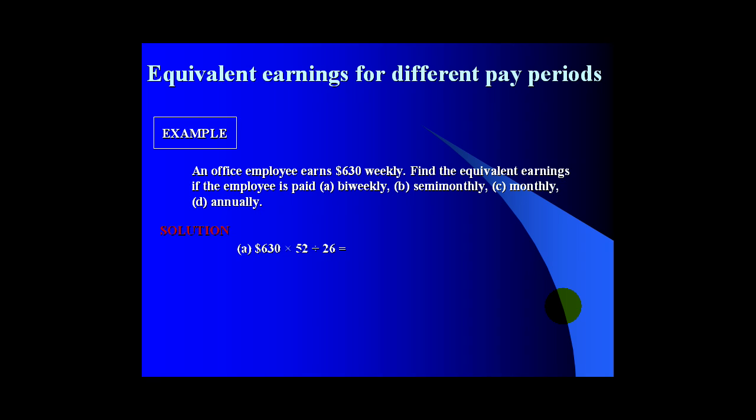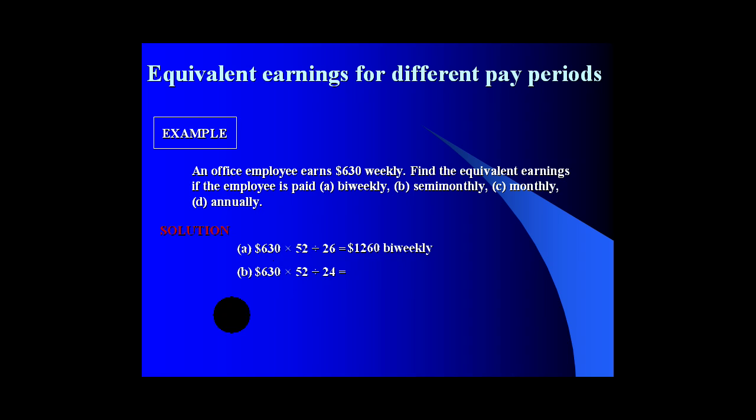To calculate the earnings bi-weekly, we simply take the weekly earnings, $630 times 52, since there are 52 weeks in a year. This particular product would give us the yearly total. Since we want to find the bi-weekly total, remember there's 26 paychecks, so we divide by 26 for a total of $1,260 bi-weekly.